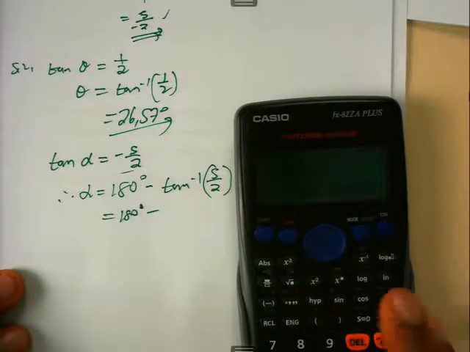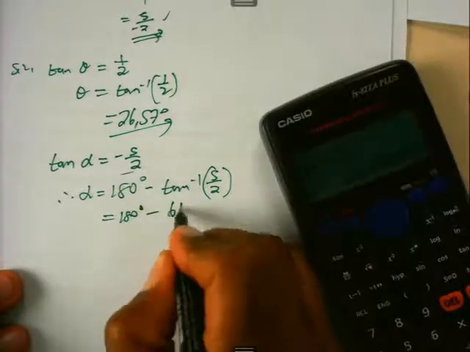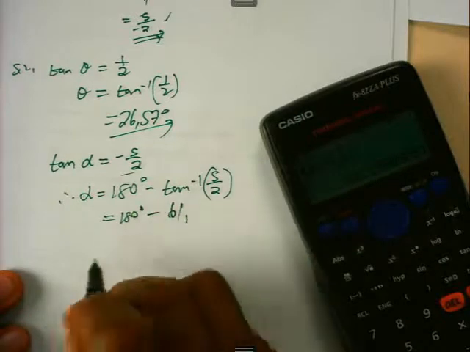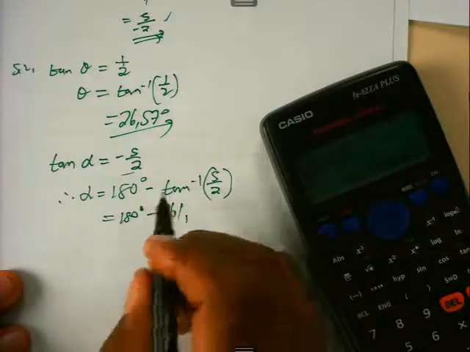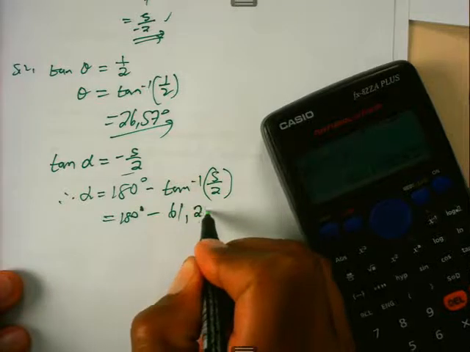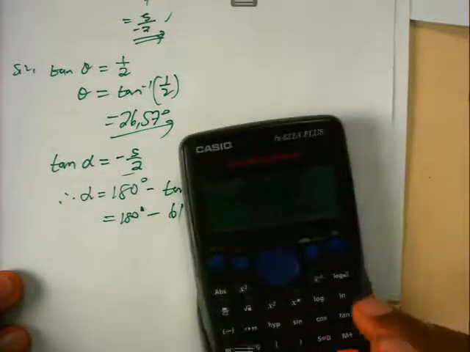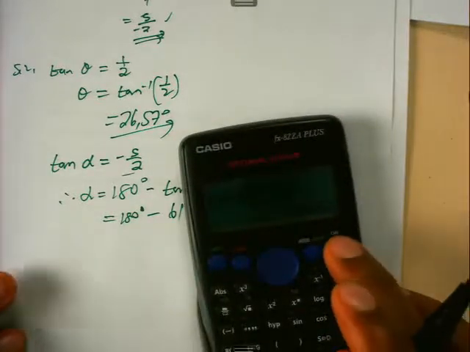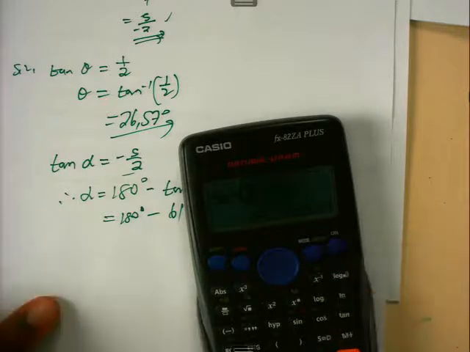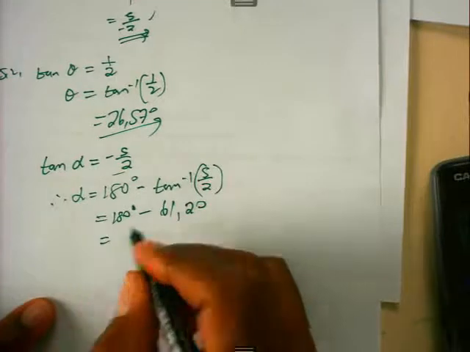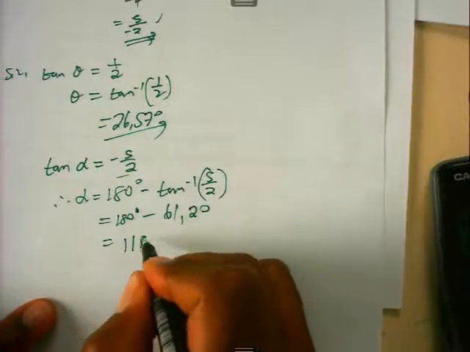Then we check the inverse tan of 5 divided by 2, and you'll see that the answer there is 61,20. Now we subtract that from 180. Of course, you'll find that this one is 111,80.